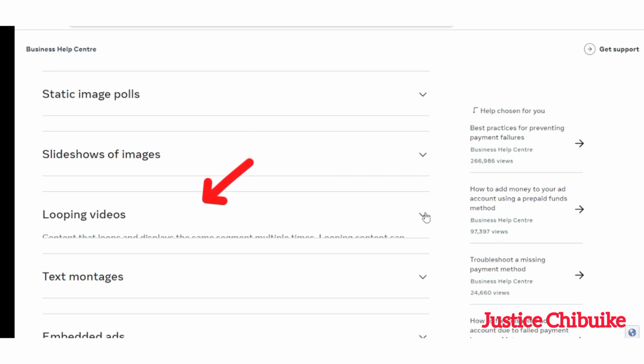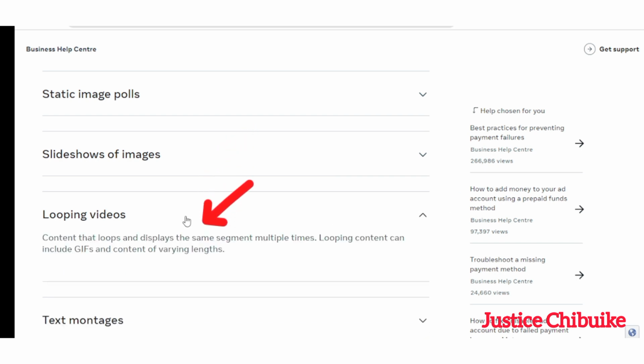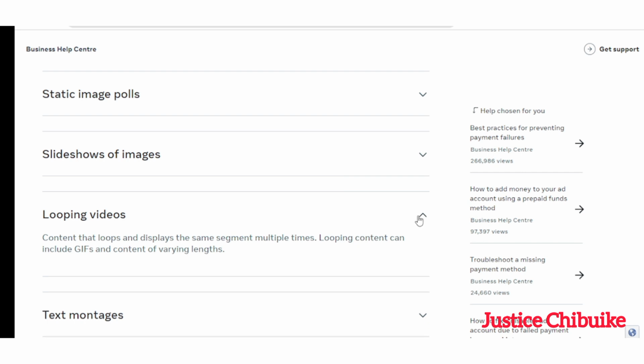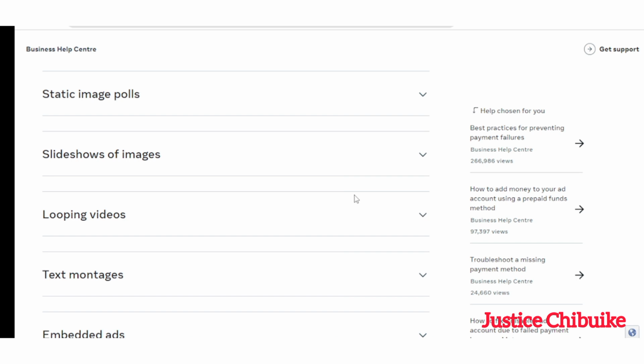Looping of videos. Here they say content that loops and displays the same segment multiple times. Looping content can include GIFs and content of varying length. So let's say you are looping the same part of a video in a particular video. You are repeating scenes.